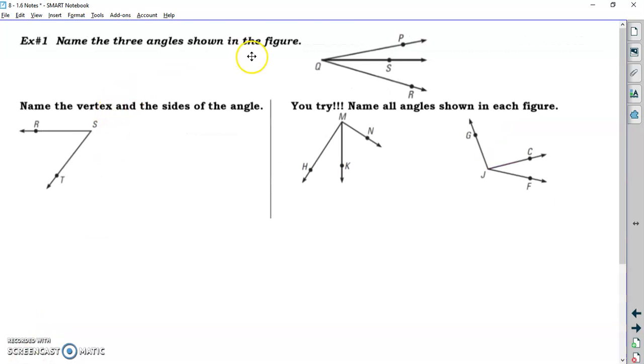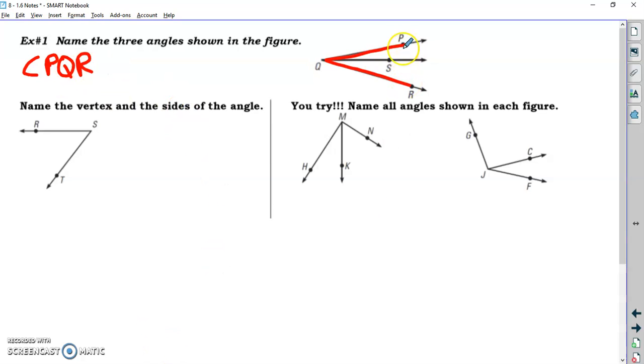So name the three angles shown in the figure. So one angle is the big one. So that would be angle PQR. A different way to name that angle could be angle RQP. It doesn't matter which way we name it.